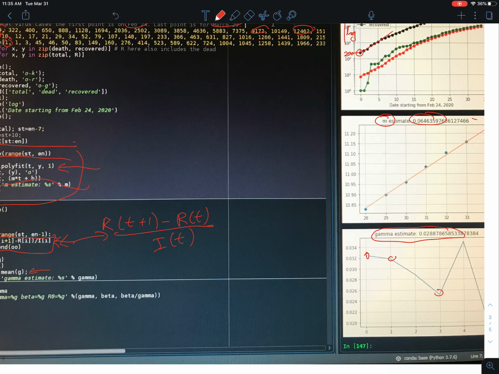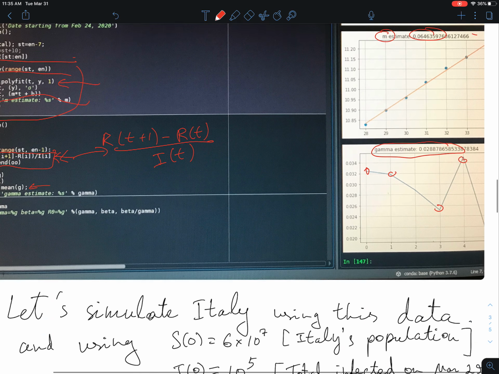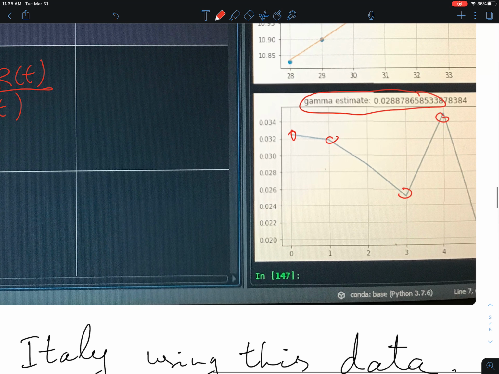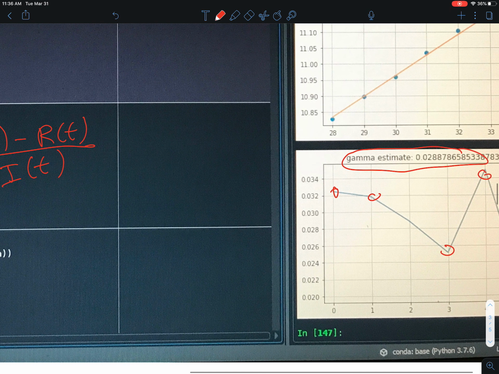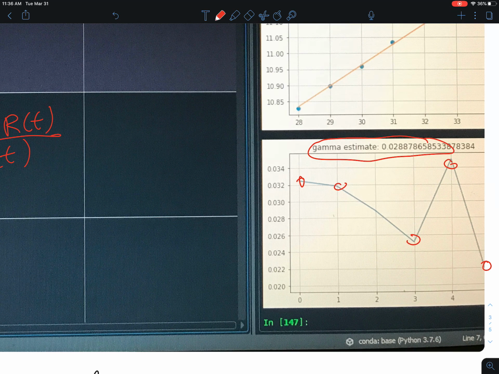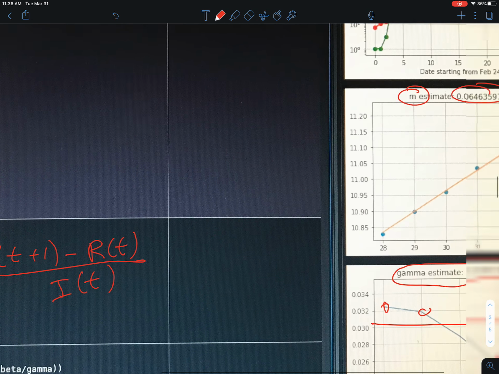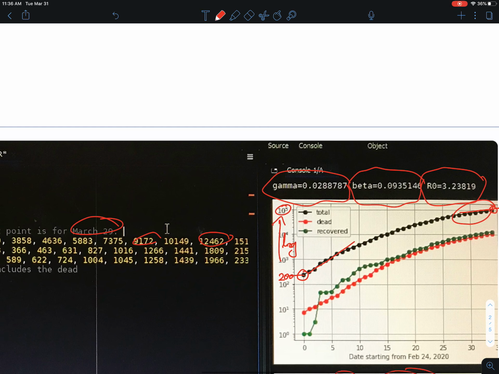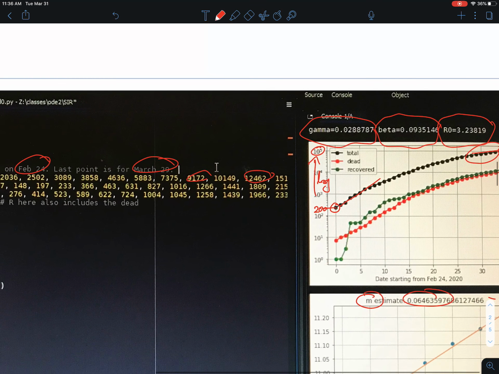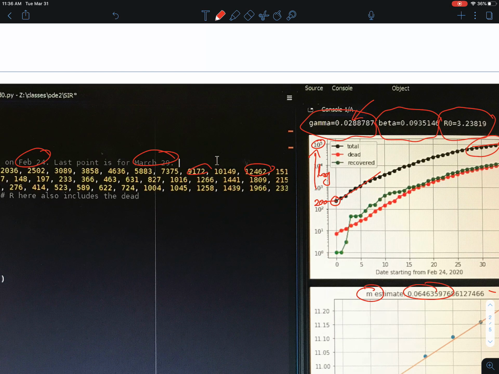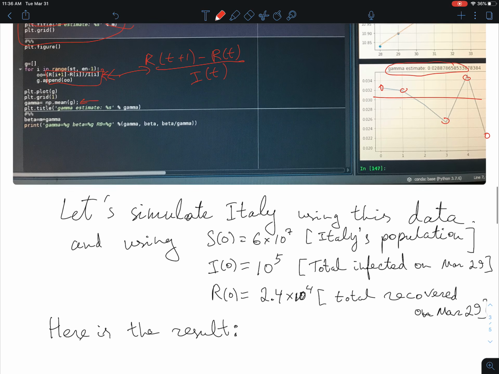We get this kind of graph, and then we just take the average of these points. The average ends up being around 0.228 in this case.